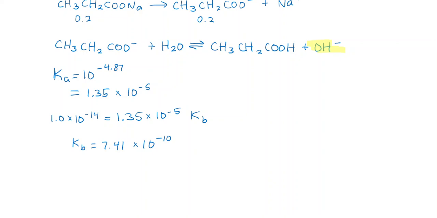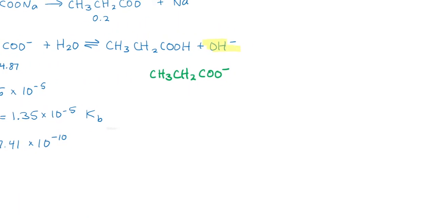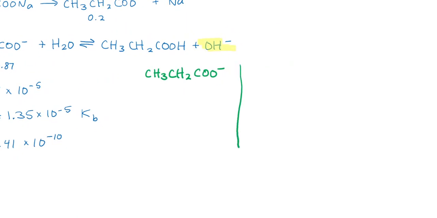So once again, let's set up our ice table. So CH3CH2COO minus, and then split it, and then the product side will be this, and then OH. And then initial, change, equilibrium.